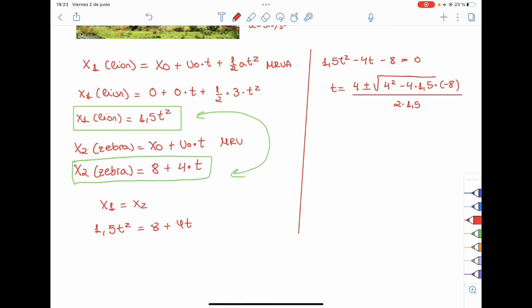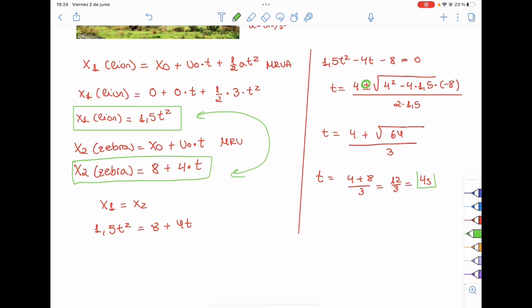Since this is time and time can only be positive, I'm going to stay just with the positive, okay? So t equals 4 plus the square root of 64 over 3, only with the positive value. So time is 4 plus 8 over 3, which is 12 over 3, 4 seconds.